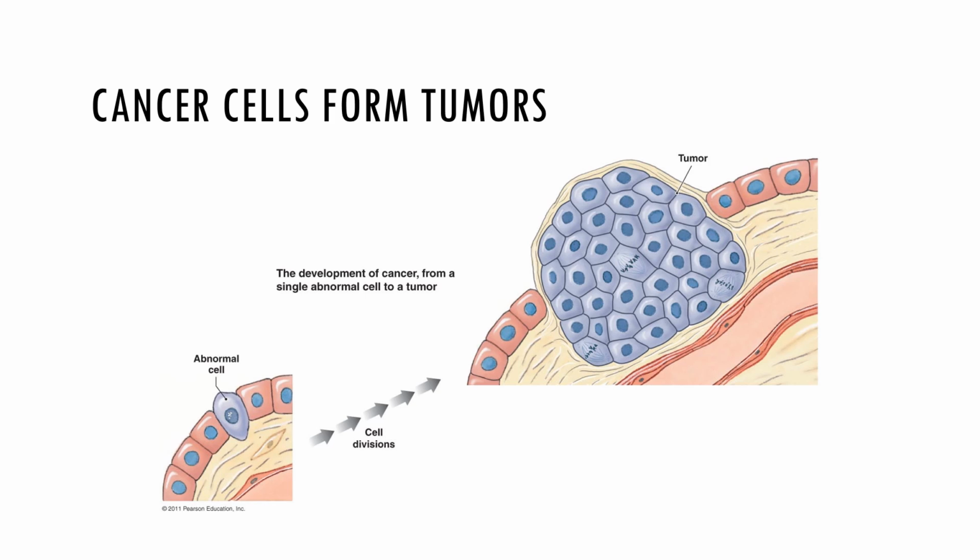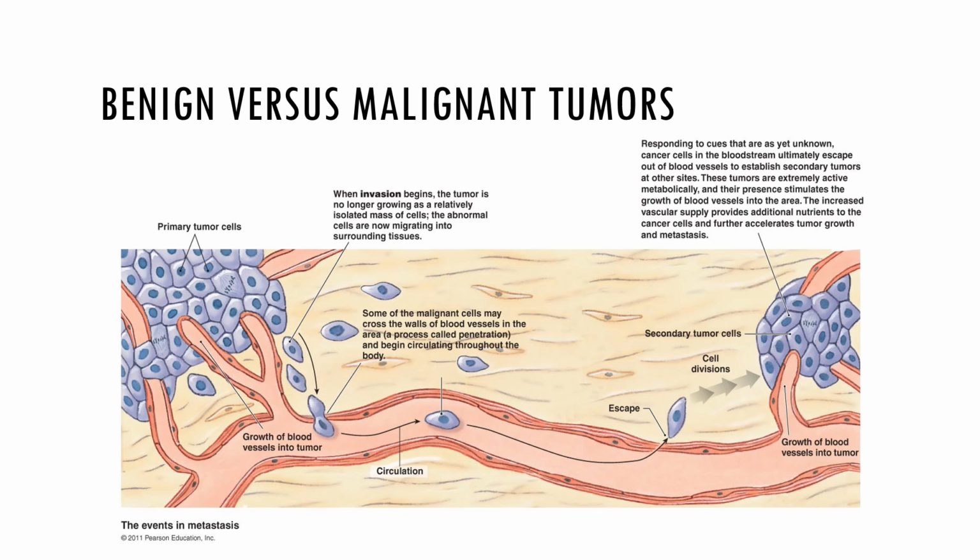A tumor is basically just a mass or swelling produced by abnormal cell growth or division. Benign tumors: the cells remain within the tissue where they originated, and they don't spread to other tissues. These tumors are not usually threatening to an individual's life and can generally be surgically removed.